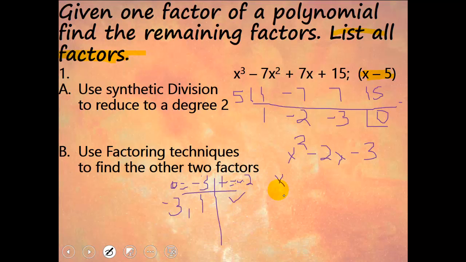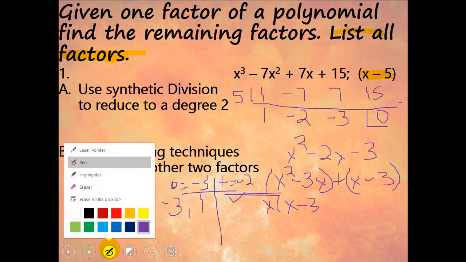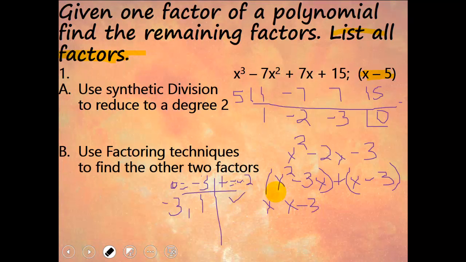So I get x squared minus 3x plus x minus 3, and then I group, and I get x times x minus 3 plus 1 times x minus 3, and then I get x minus 3 and x plus 1.